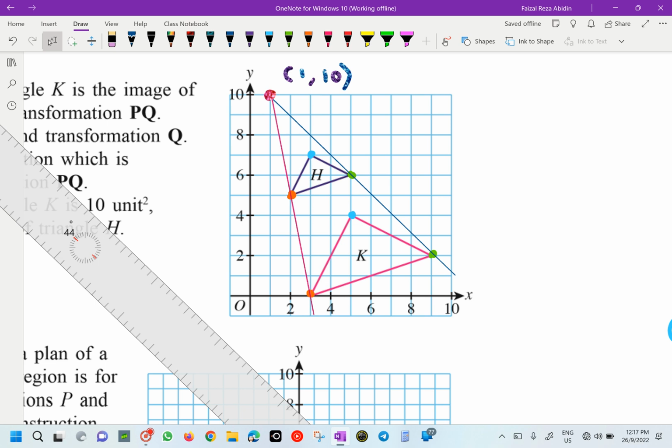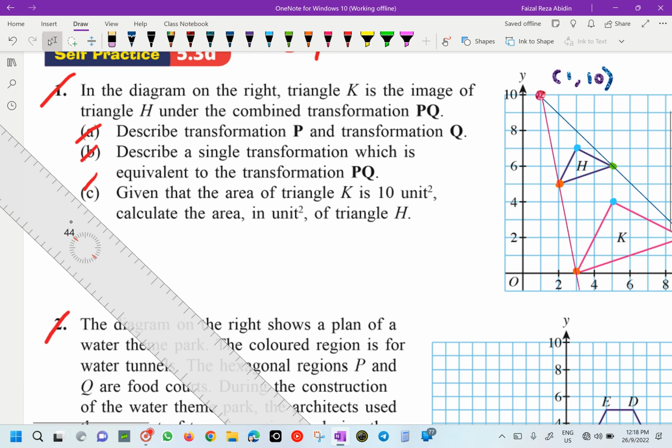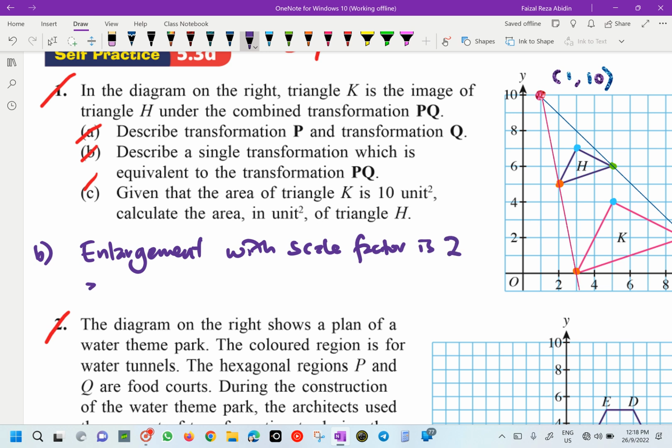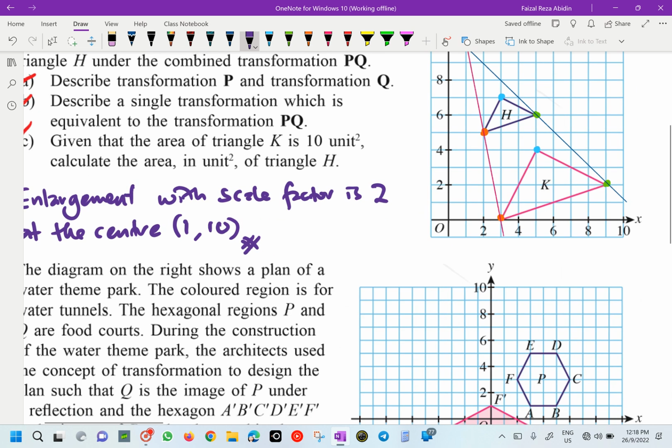So for our B here, we are going to have enlargement with scale factor k, with the center at 1, 10. Done for B. For C, given that the area of triangle K is what?